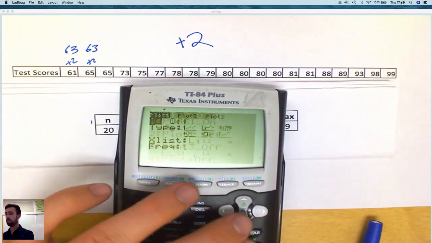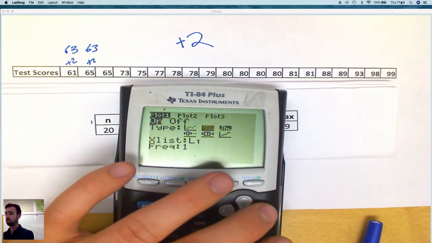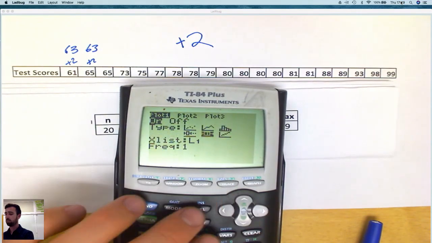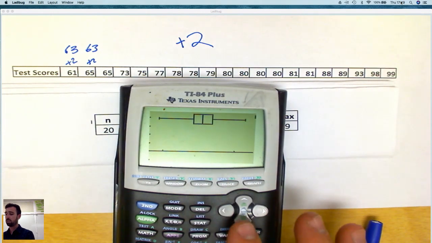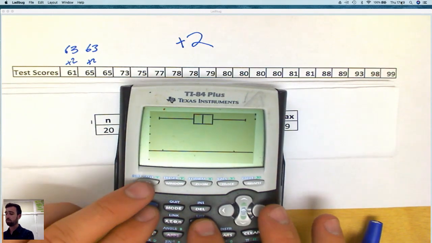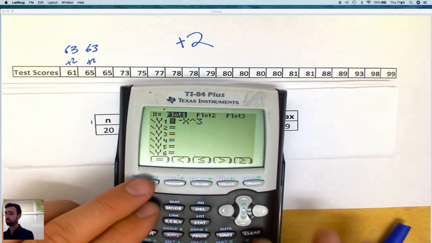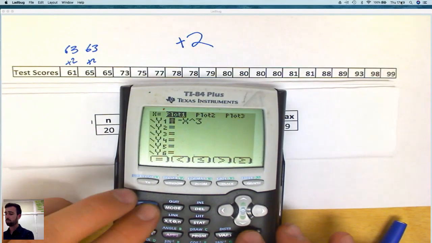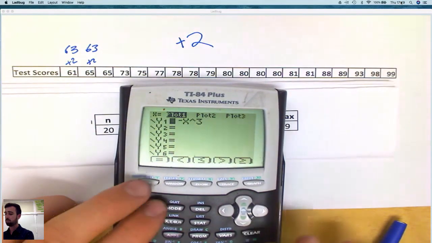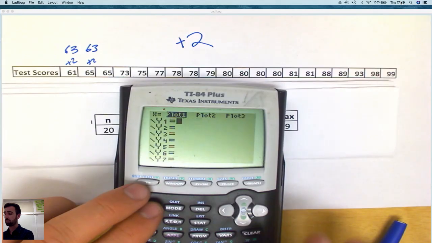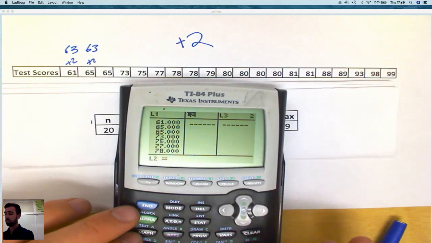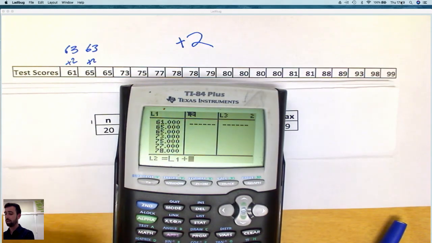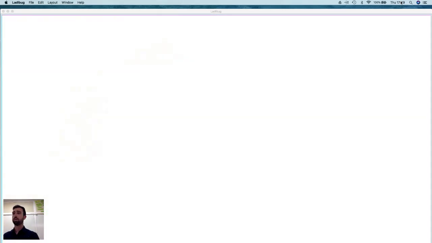So let's plot our data. That's what it looks like. Now I'm going to take my data set and say, okay, take L1 and add 2 to every data point. And there we go. You see how it's all added up?